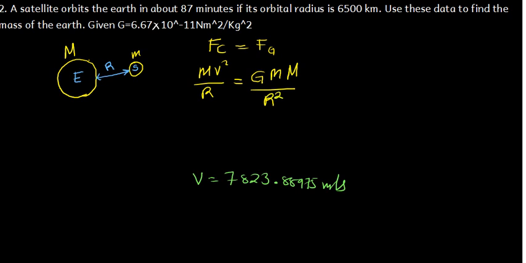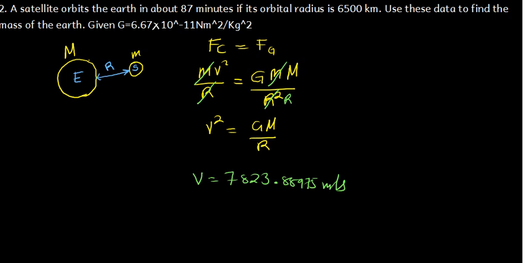So from here we can see the small mass cancels with the other small mass. The radius is going to cancel, and I'm just going to have one radius remaining. So what we are going to have is v squared being equal to GM divided by r.